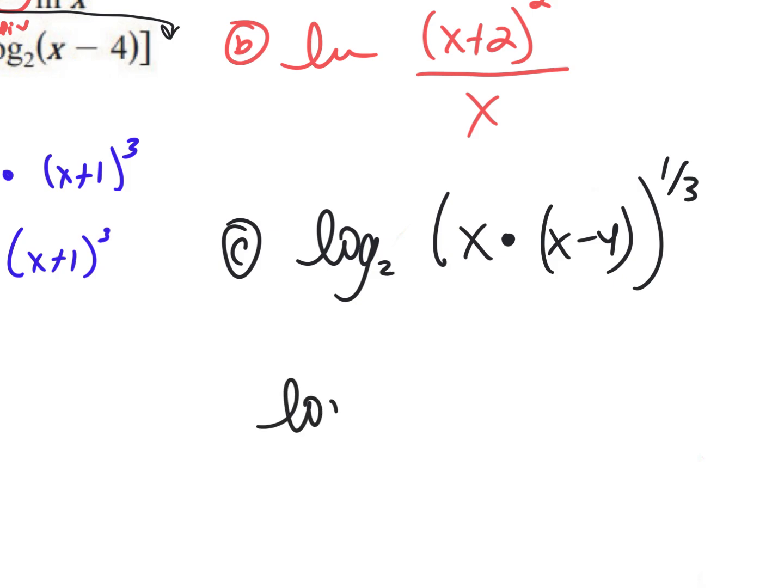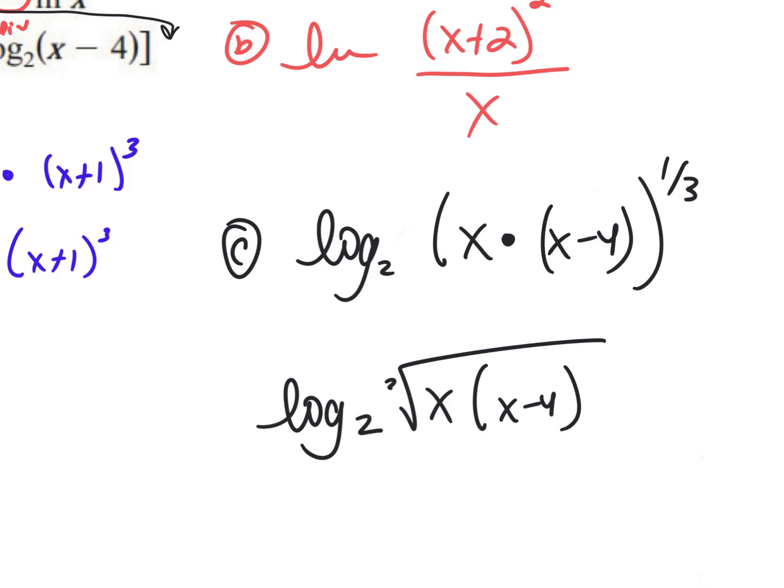You can go ahead and write log little 2 x times x minus 4. How do I write 1/3 power? The cube root. Perfect. If something is already pulled apart and you're smushing it together, addition becomes multiplication. Subtraction becomes division. And coefficients become exponents.